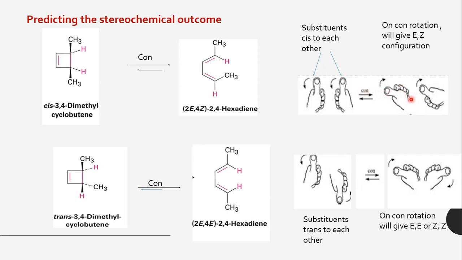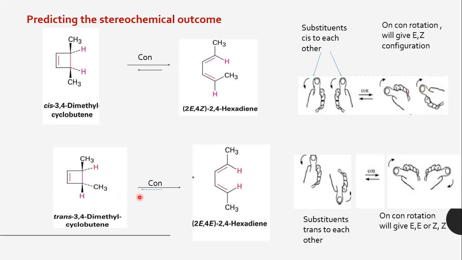So if the substituent is here, then the hydrogen has to be here. So this double bond would have an E geometry and this double bond would have a Z stereo descriptor, or this would result in an EZ stereo descriptor of the terminal olefinic carbons of the polyene.